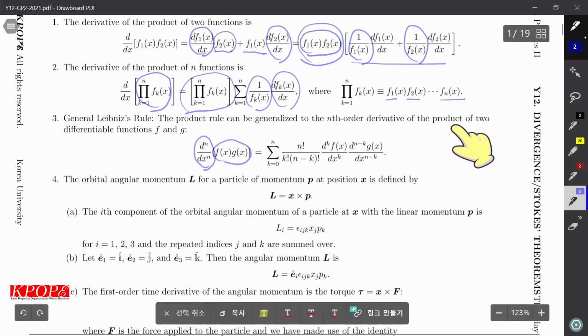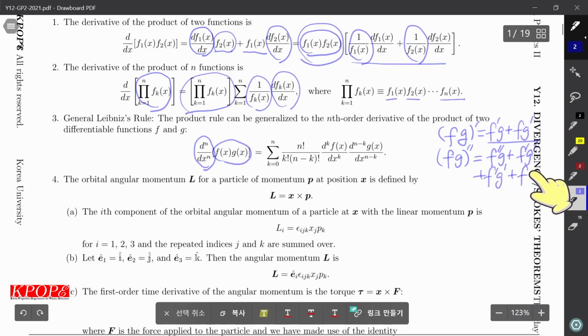For example, (fg)' equals f'g plus fg'. (fg)'' equals, taking the derivative one more time, f''g plus f'g', and this one, f'g' plus fg''. So f''g plus 2 times f'g' plus fg''.